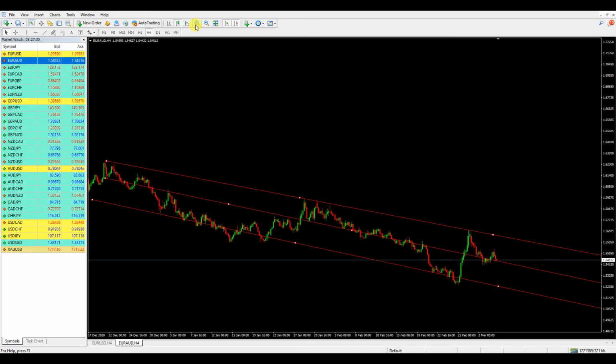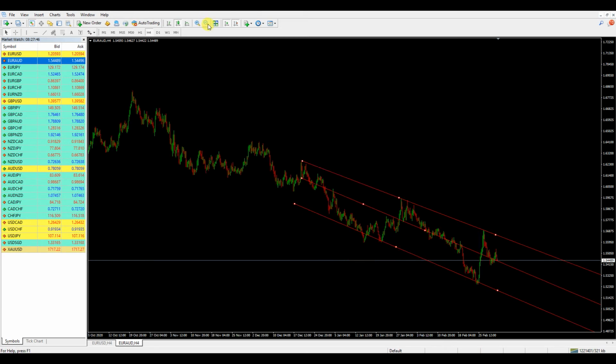Okay, so this area over here, this area here, yes, this area here, and this is the slight area over here. So these are the minimum and maximum touch points for this pair. We can take it longer over here. Yes, so we get one more touch point.